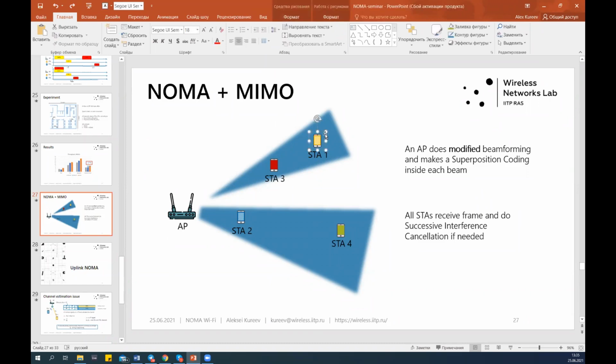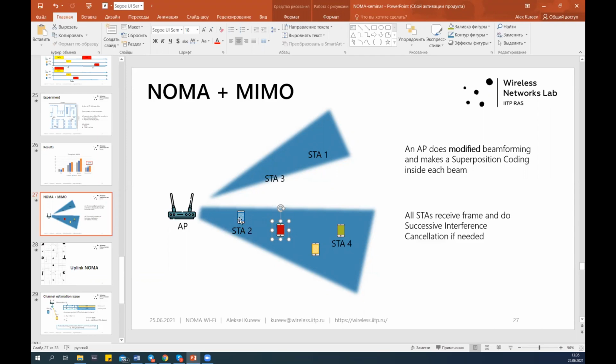NOMA becomes effective if we have all devices close to one stream. For example, we have this device here and this device here, and you want to serve them in MIMO or MIMO plus NOMA. In this case, NOMA becomes more effective, because even if you use MIMO and zero forcing, because of the small number of antennas, there might be interference between several streams.